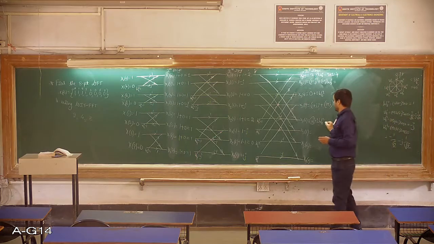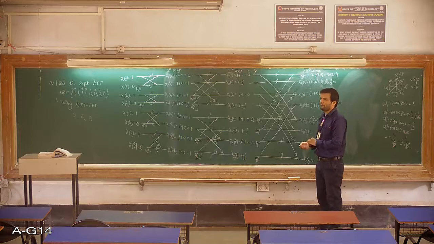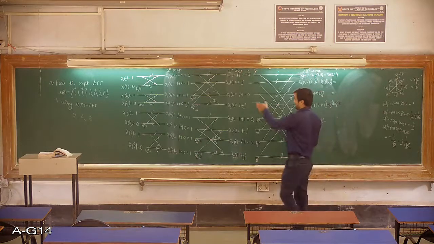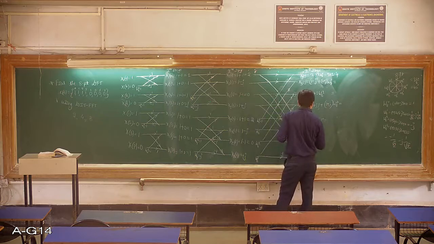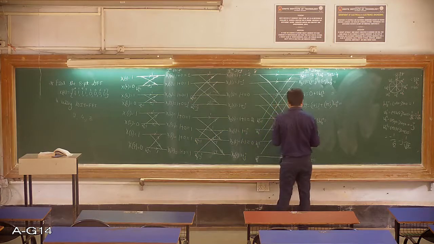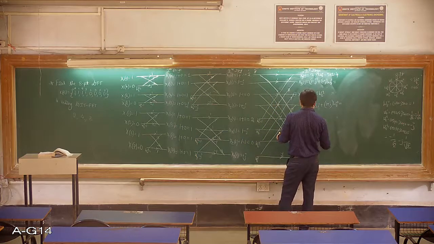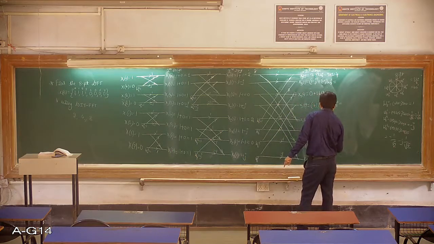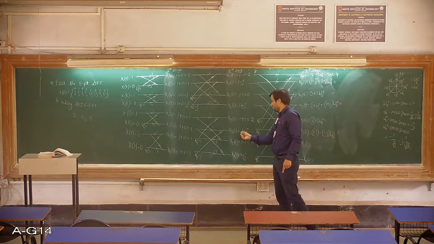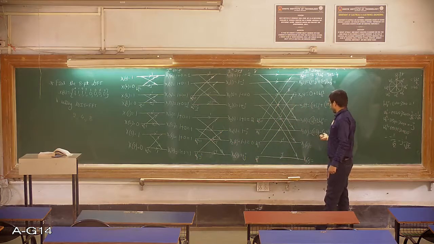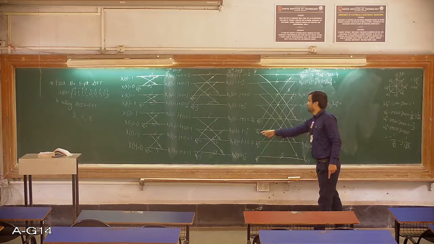The next value, x3 of 5. How to compute x3 of 5? From here, 1 minus j, and the other values we have taken from here. So 1 minus j into minus 1. I will take the minus sign here: minus 1 minus j into W8 of 1.